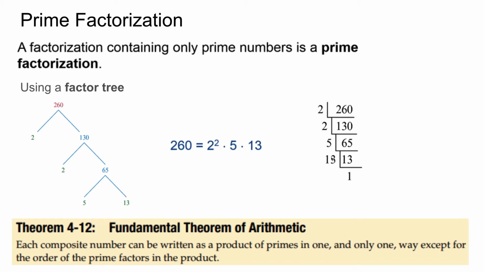And 13 times 1. So these are the only prime factors, right? If we rewrite that, it's the same thing: 2 times 2 times 5 times 13. Isn't it? So we have 2 times 2 is 2 squared times 5 times 13. Okay? So there is no other way to show 260 when you are using only prime numbers as factors. So that is the fundamental theorem of arithmetic.